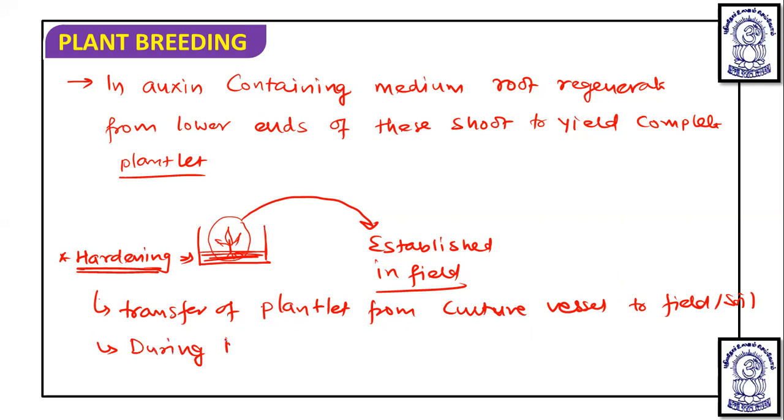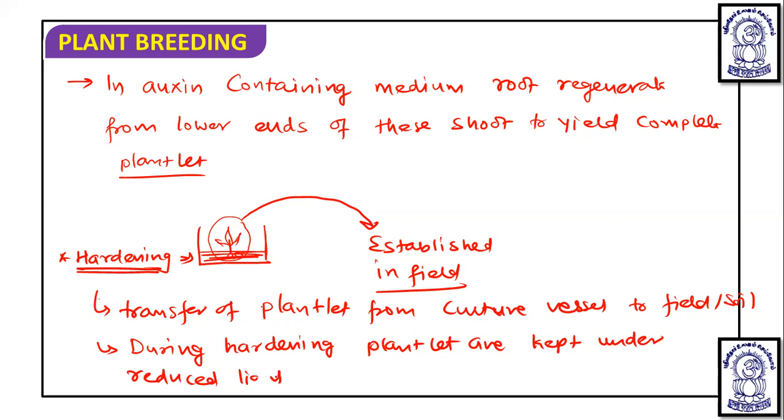Now we remember that during hardening, or during this process, the plantlets are kept under reduced light and high humidity, so the growth can be proper.